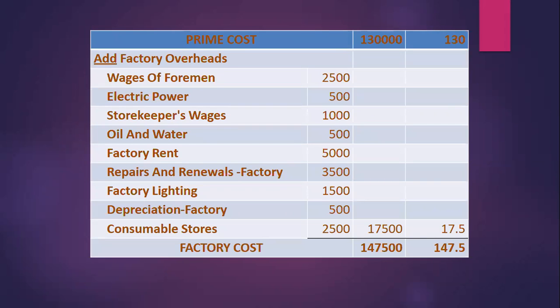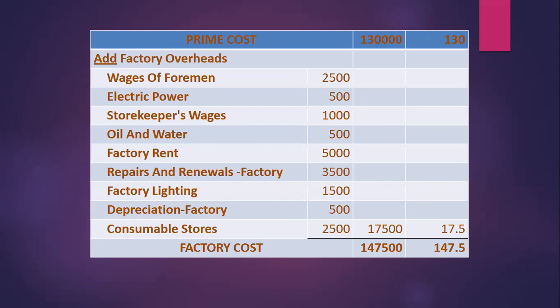Here I have used 2 columns. The per unit column is needed only when the question specifically asks you to show it. You can use 3 columns for showing the workings also. When you add all factory overheads, you get total factory overhead, and when you add that to the prime cost, you get factory cost.